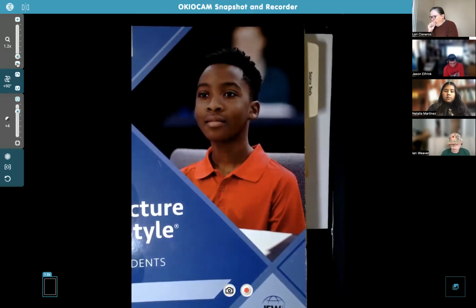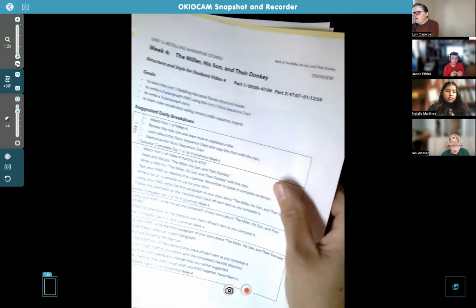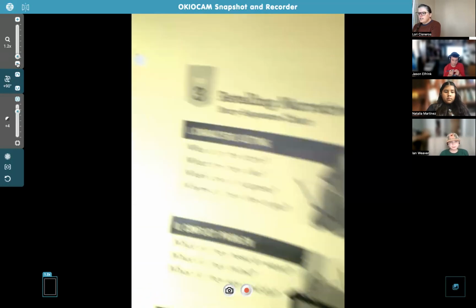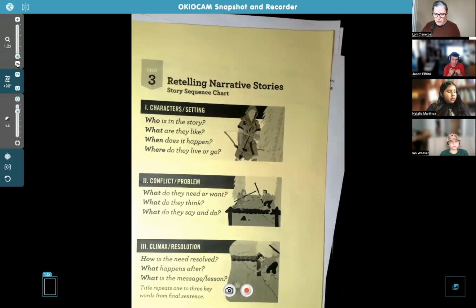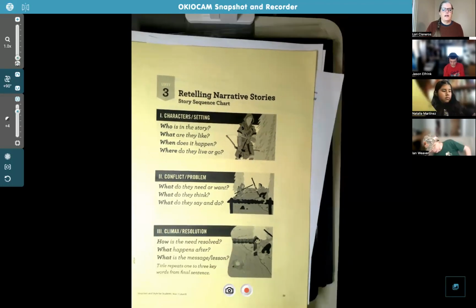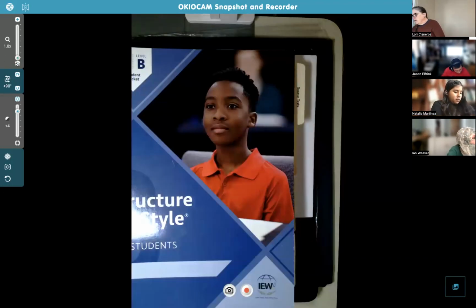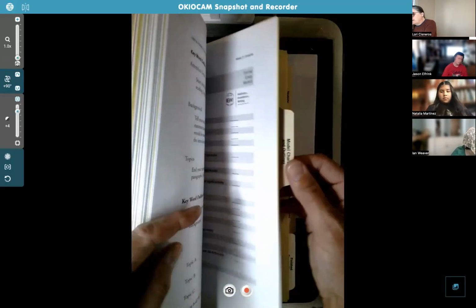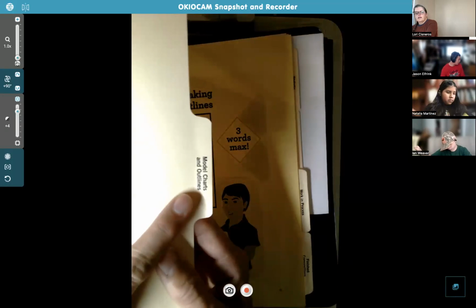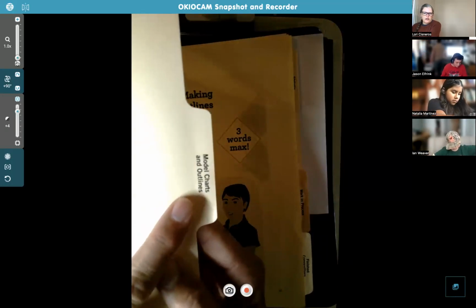So, excuse me. With your Miller, his son and their donkey, this yellow page, let's start by putting that one away. This is yellow page 39. So let's start with that one. It's going to go behind model charts and outlines. So find this tab back here that says model charts and outlines.